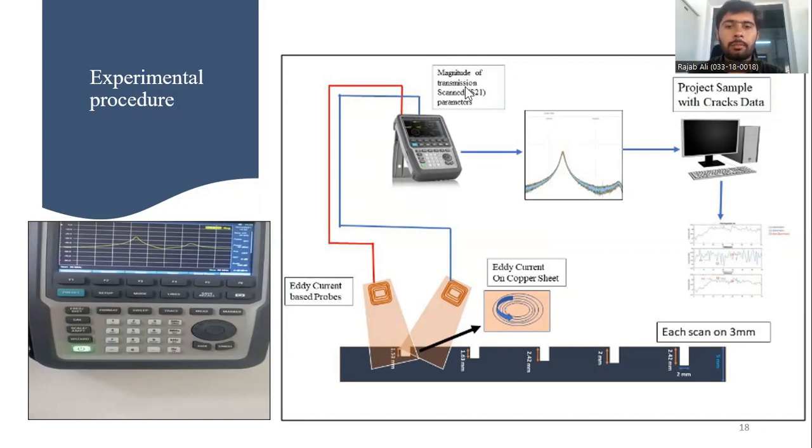Our probes send data to the VNA machine where we get S21 parameters, and the whole result is further divided into different algorithms, and we have analyzed different features from our personal computer using different algorithms in MATLAB software.